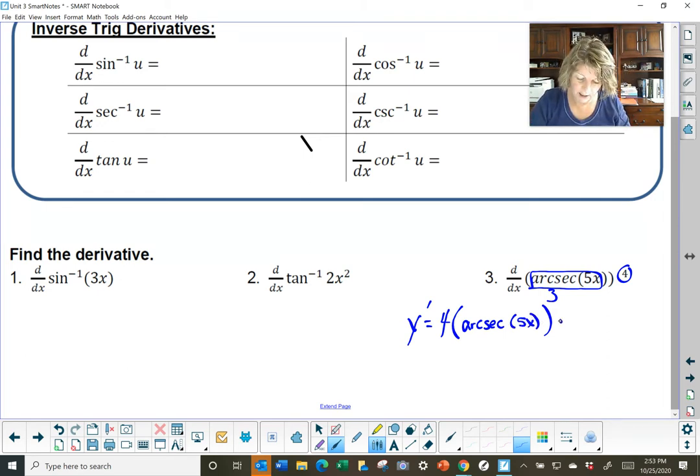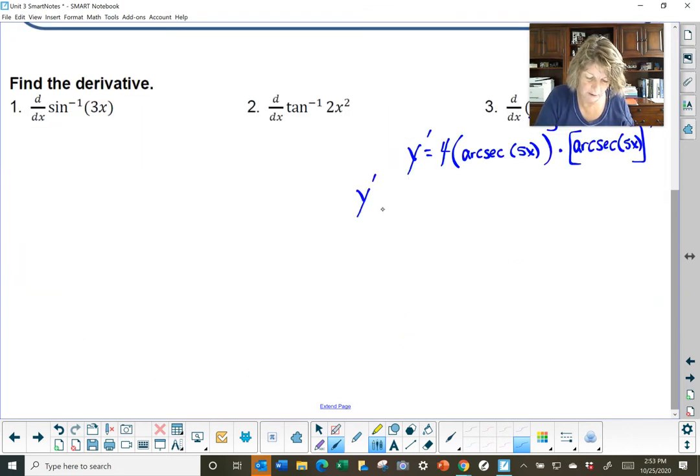Now I've got to chain off and take the derivative of arc secant. I'm going to write that down. Arc secant of 5x, we need its derivative, right? Just to slow this process down a little bit.